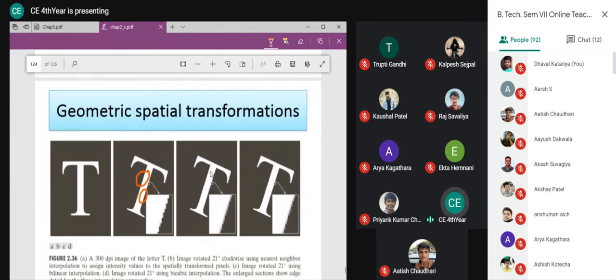Actually, we want a smooth line here. It should not be sharp; it should feel like averages. You can see some gray levels and all those things, right? So it is concluded that nearest neighbor gives very sharp results, which may not be desirable because it gives us jaggedness on the edges. So we should go for bilinear or bicubic.